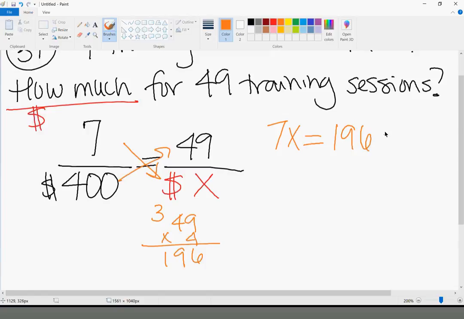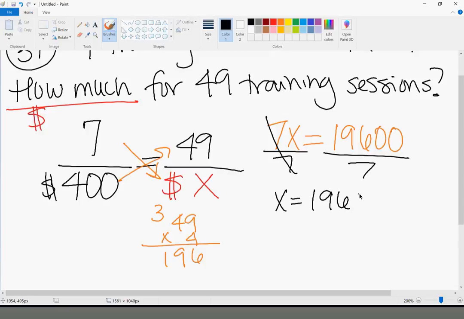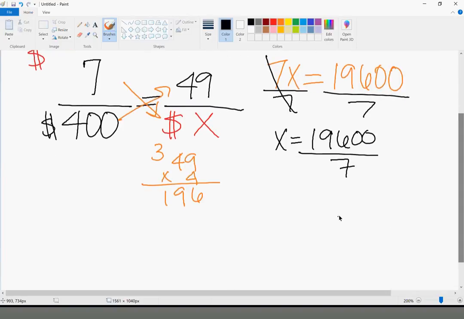So 19,600. So now to solve for X, we're going to divide by 7. And then we're going to figure out what 19,600 divided by 7 equals.